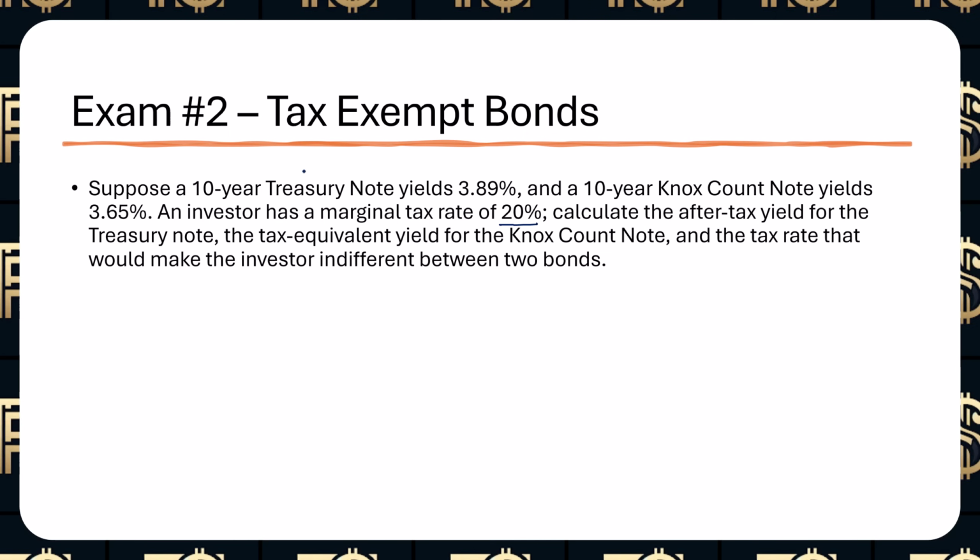Now, what we have to know is that the Treasury note is taxable at the federal level, whereas the Knox County note is not taxable, so it's considered tax exempt. And we know that our marginal tax rate is 20%. So let's first find the after-tax yield on the Treasury note.